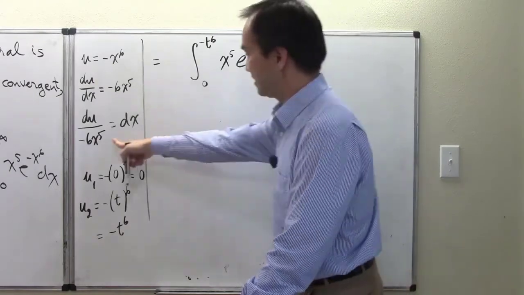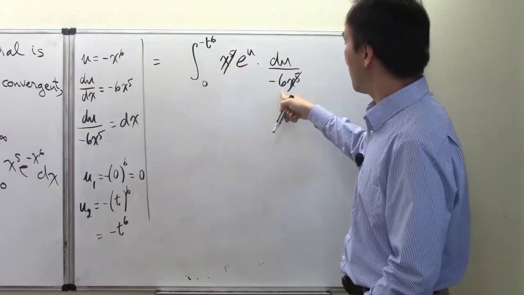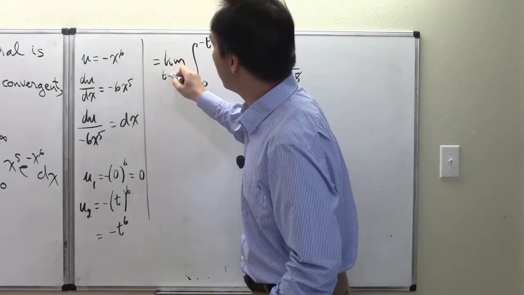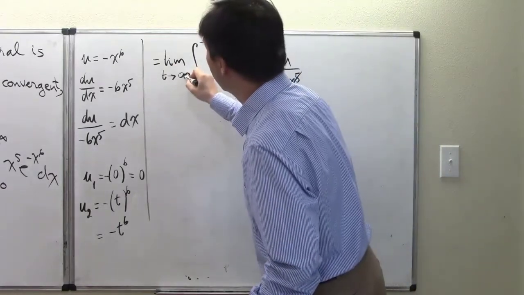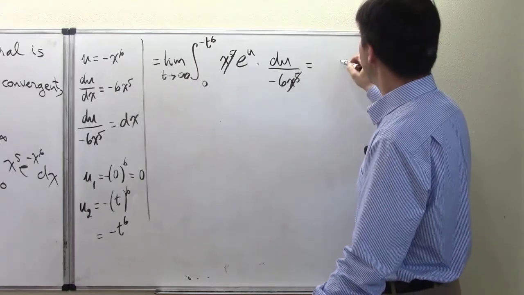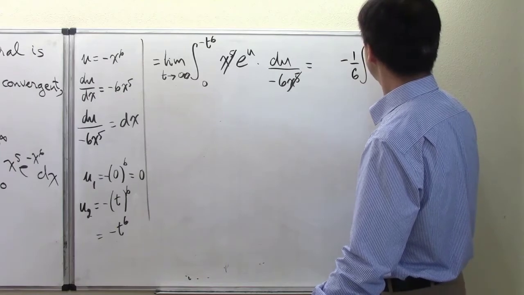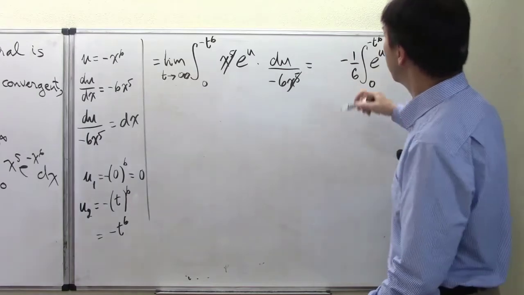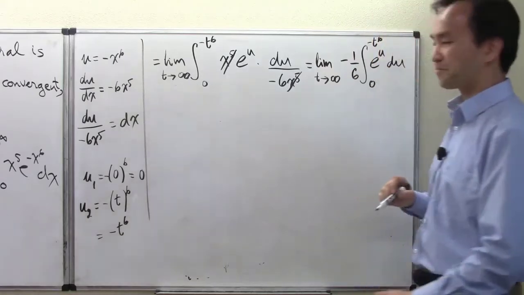So now I'm going to cancel out the x to the 5th and pull the negative 1/6 in front. But by the way, right now it's a limit problem as t goes to positive infinity. So in my next step, I can write this as negative 1/6 integral of e to the u du, integrating from 0 to minus t to the 6th, where we're letting t approach positive infinity.